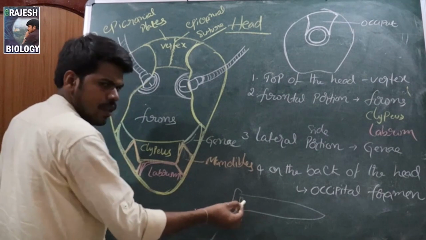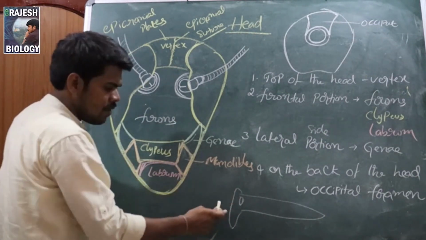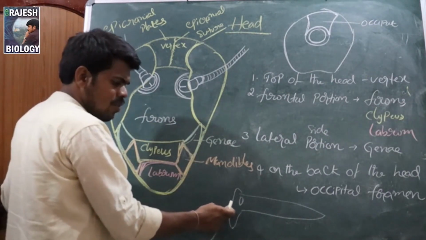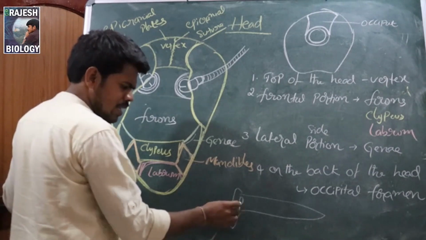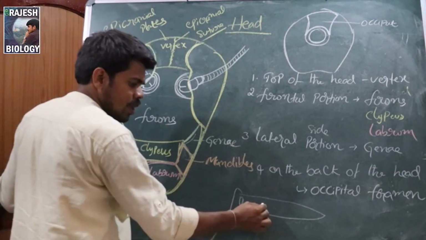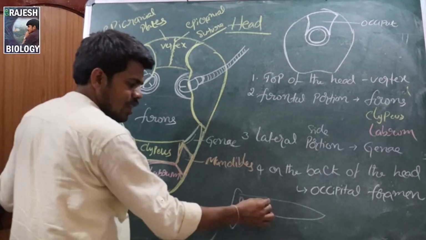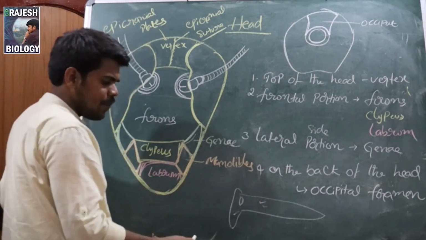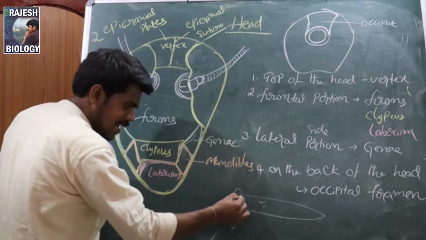And from the head, the food should enter into the body. From the body the neural signals reach the head. From the body the nutrients reach the head. From the body the blood reaches the head. Everything. So there should be a connection.